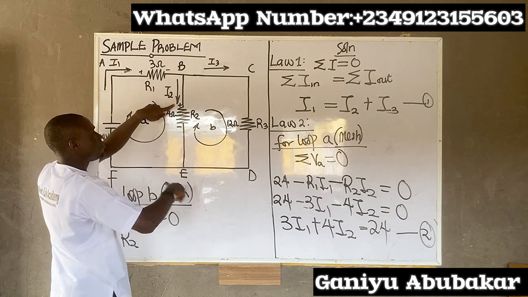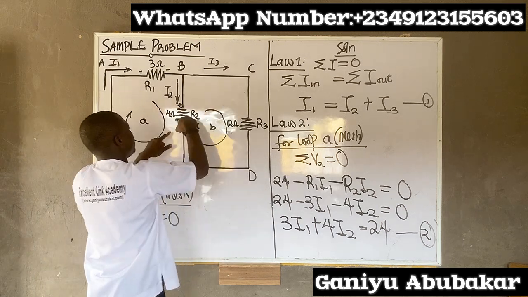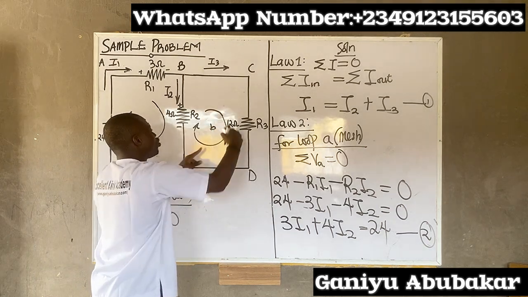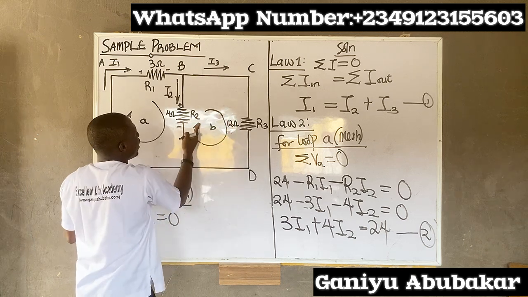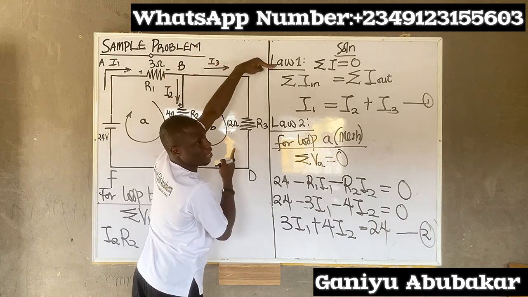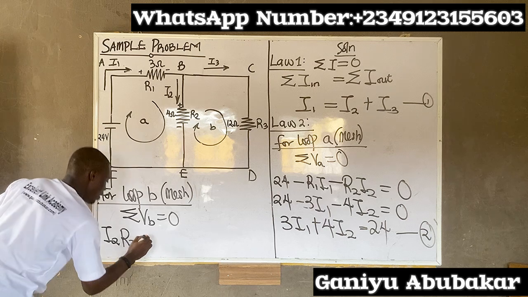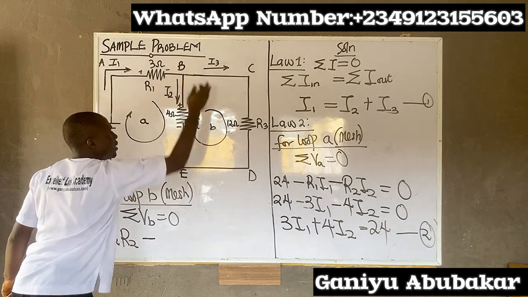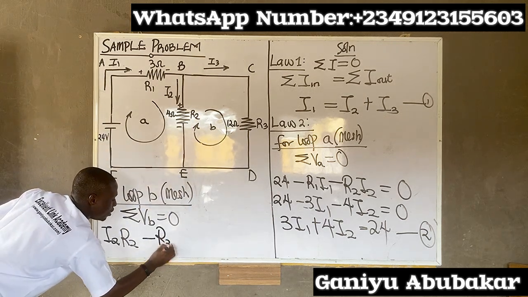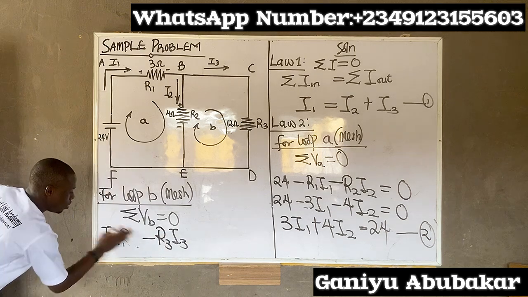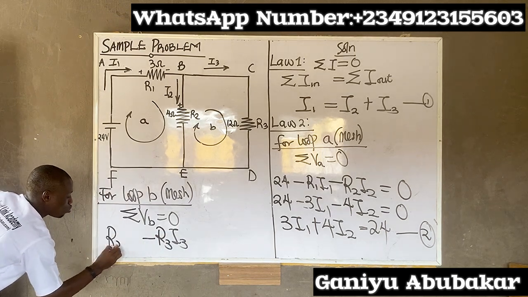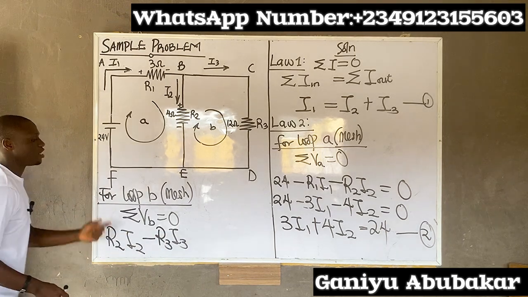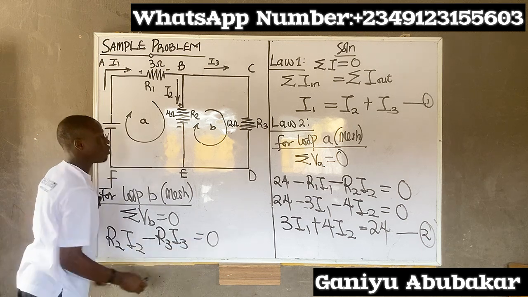Now I've passed through this part. Remember this one here, I'm moving this way, which follows the current direction here. Right? I'll use negative in that case. Negative I3 R3, so R3 I3. Let's put R first. R2 I2 minus R3 I3 equals 0, because I just have 1, 2.